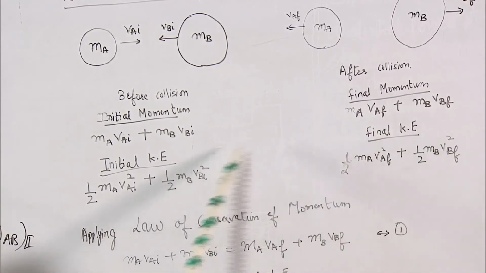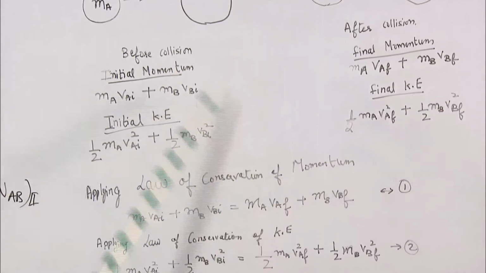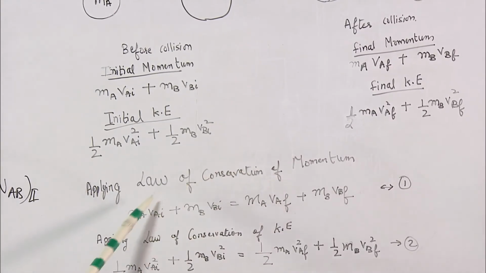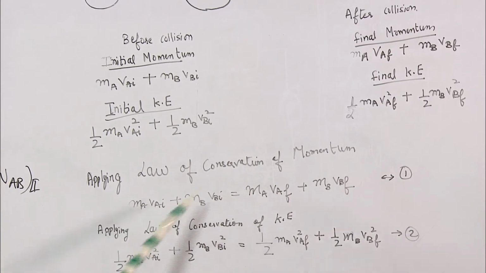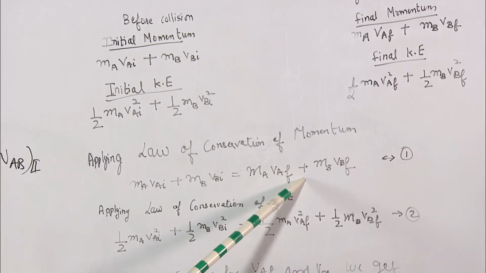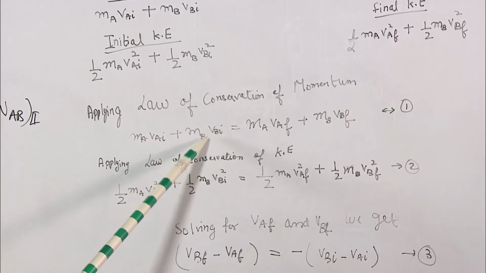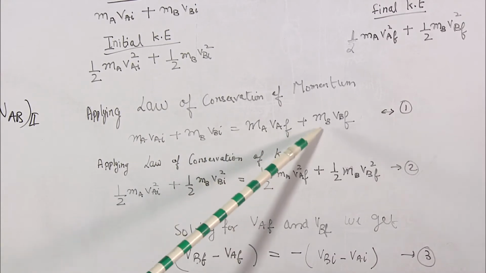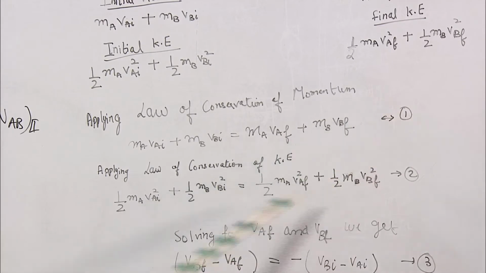Now, applying the law of conservation of momentum before and after collision, the momentum remains conserved. This means the initial momentum equals the final momentum: MAVAI plus MBVBI equals MAVAF plus MBVBF. This is equation 1.